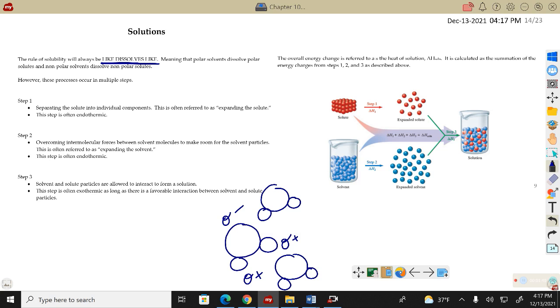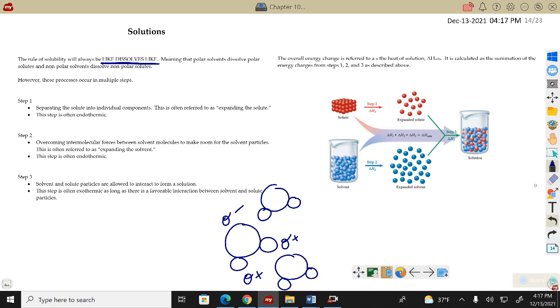It could be ionics. Ionics have strongly charged ions that are very attracted to the opposite regions of a water molecule. So in order to dissolve in water, you've got to have a charge. There's got to be some kind of attraction between this new solute and the charged polar water molecules.